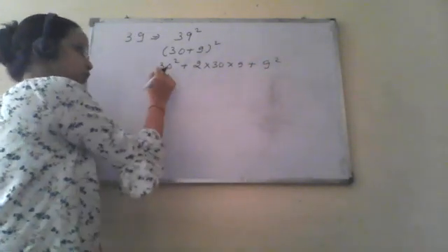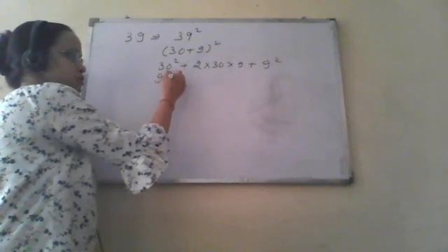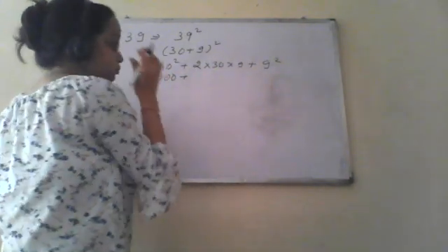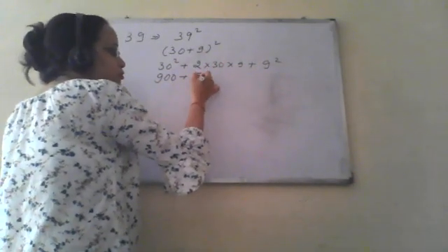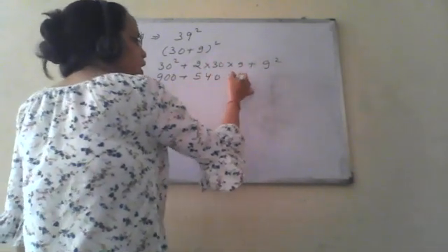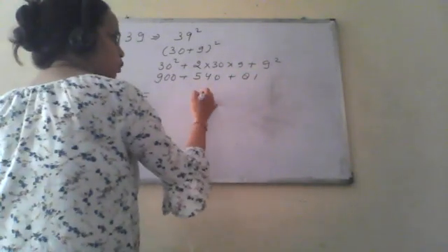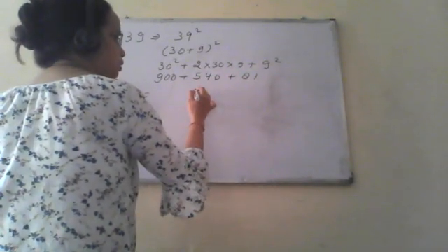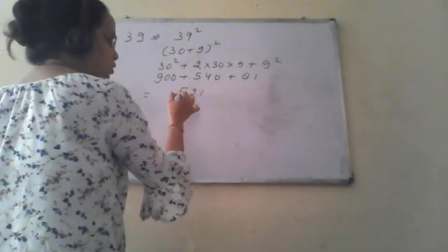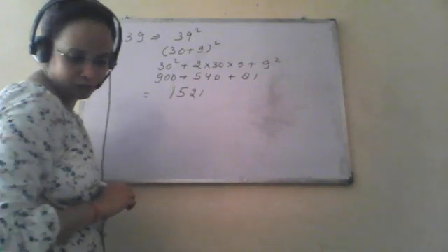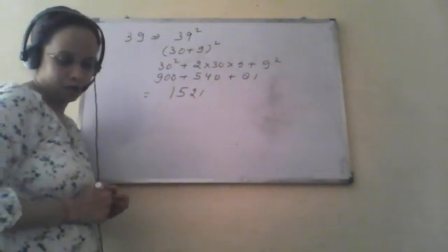So this is 3 into 3, this is 9, and for this 2 zeros. Now when we multiply this, it will become 540, and this is 81. So the square of 39 will be 1521. I hope this is clear.